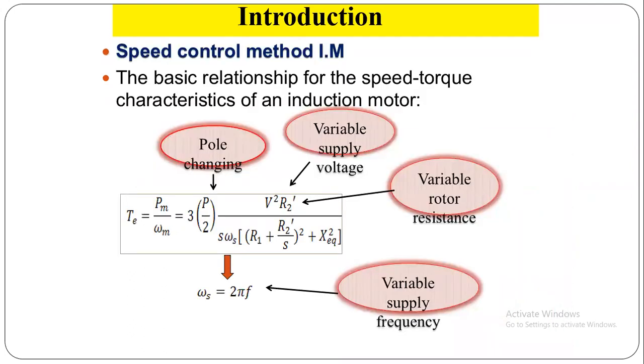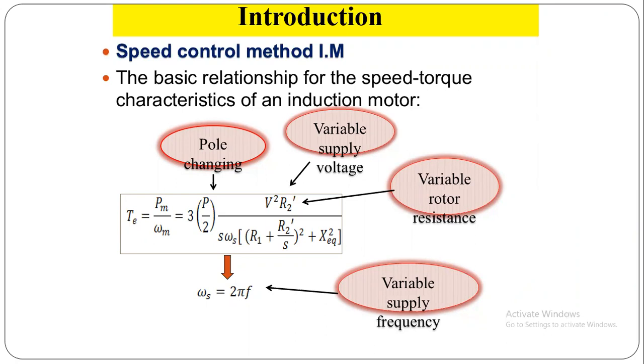Now our main objective is how to control the speed of the induction motor. According to the torque equation or speed equation, we can find out which parameters the speed control of the induction motor depends on. In this slide you can see the speed control method of the induction motor.